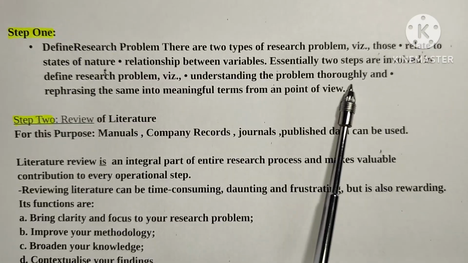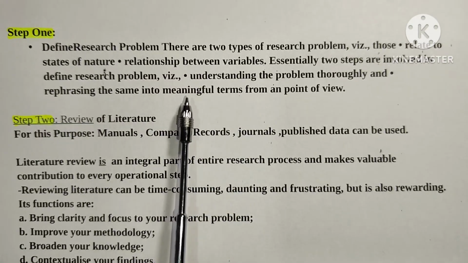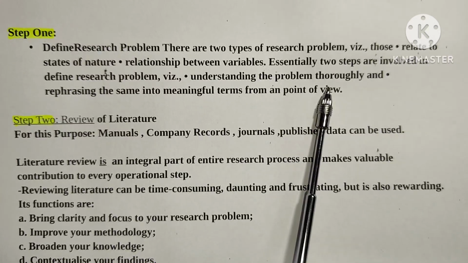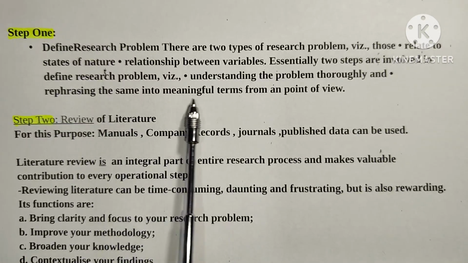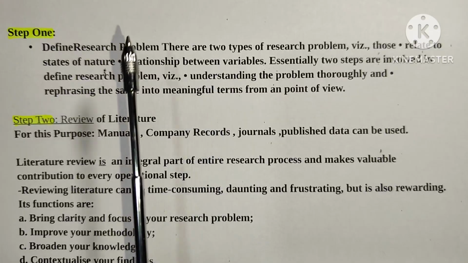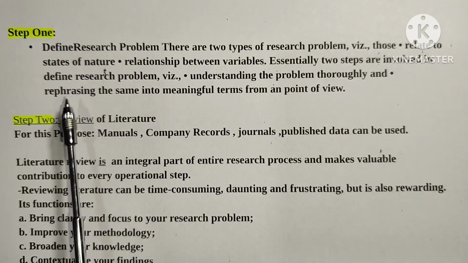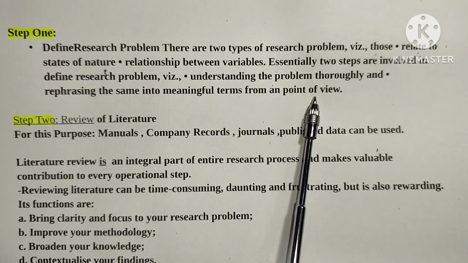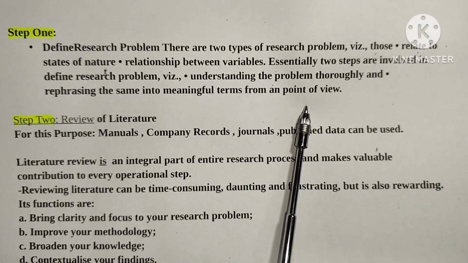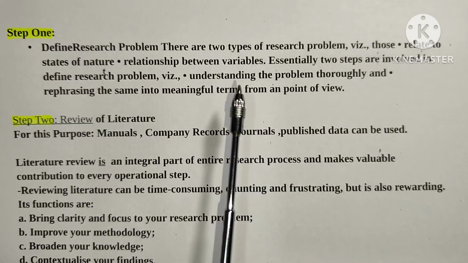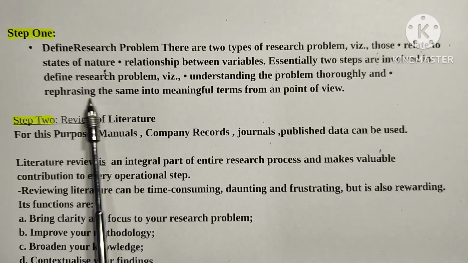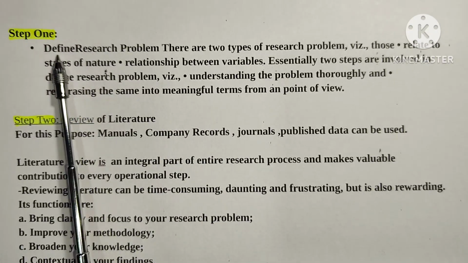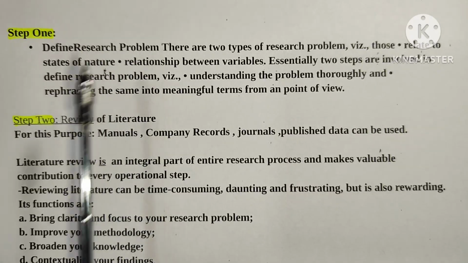First, the researcher has to understand thoroughly the problem on which they are going to study, and then rephrase it into meaningful terms. Whatever topic you select, from whatever point of view you are going to conduct the study, rephrase it into meaningful terms. That is defining the research problem.